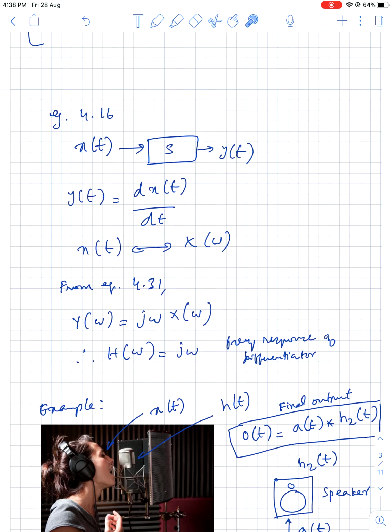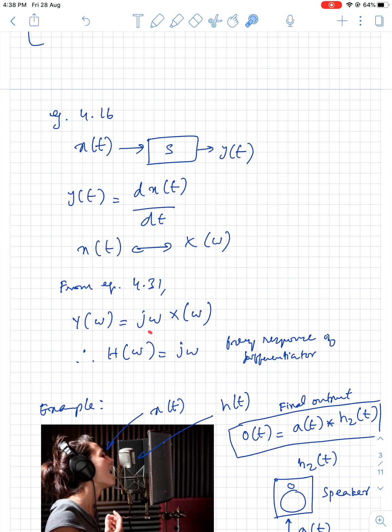So if you take the Fourier transform on both sides, you get Y of omega equal to H of omega, which is the frequency response of the system, times X of omega, which is the frequency response of the input.